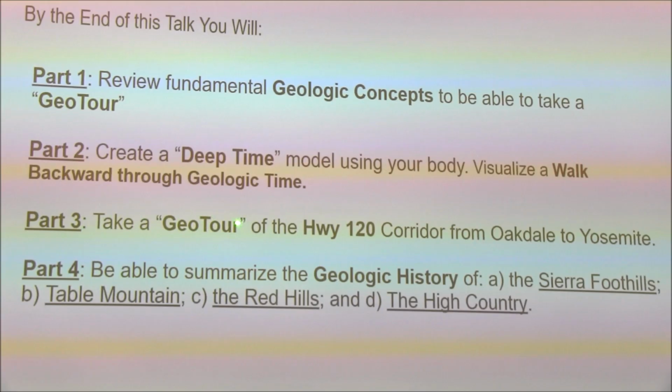Once we get through this background information, then I'm going to switch over and give you this tour on the Highway 120 corridor, using Google Earth and another app called CalTopo or SARTopo. Anyone use that, or anyone familiar with that? Okay, so that'll be new technology. You can use that on your smartphone.